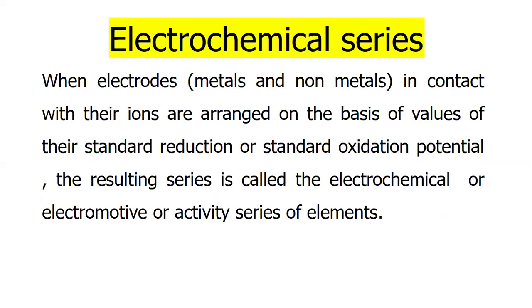Electrochemical series: when metals and non-metals in contact with their ions are arranged on the basis of the values of their standard reduction or oxidation potentials, the resulting series is called the electrochemical, electromotive or activity series of elements.